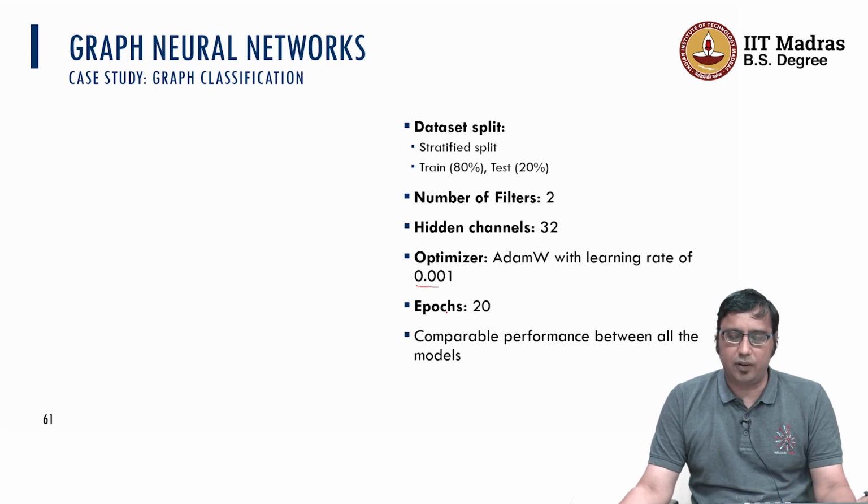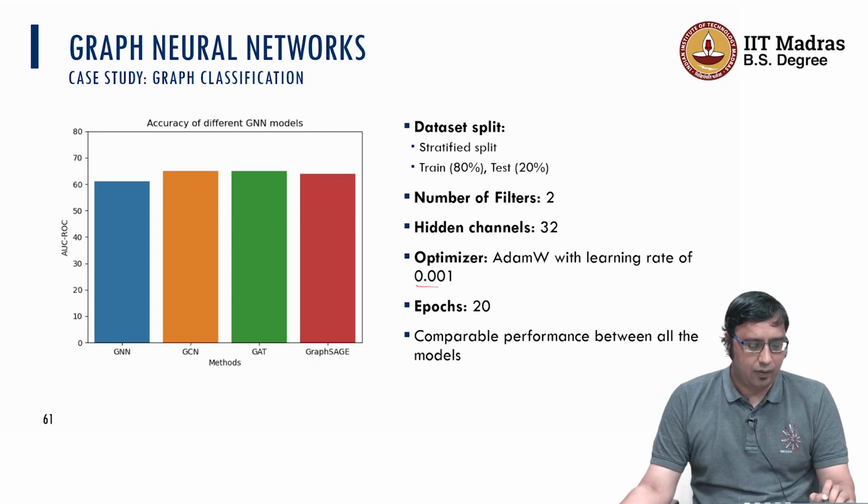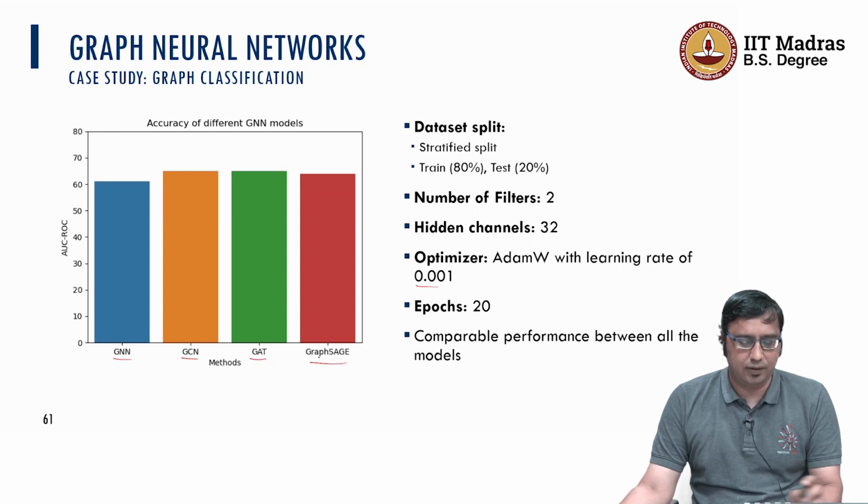We run this model for 20 epochs, and after that we test it on the 20% dataset using the trained model with different kinds of graph neural networks: GNN, GCN, GAT, and GraphSage. These are different kinds of filters. I'm not discussing pooling operations; we can use any, but currently we use a simple pooling operation with these filters.